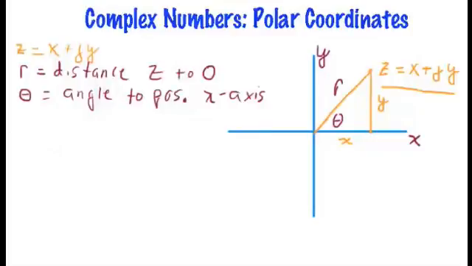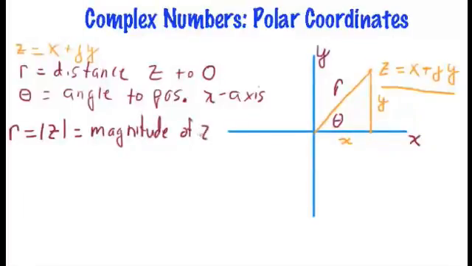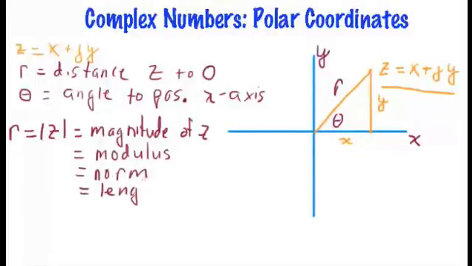Now there are many names for these things, so let's give those first. Here's terminology and notation. R is often written as the absolute value of z, and that's read as the magnitude of z. It's also the modulus of z. It's the norm of z, or it's the length of z.